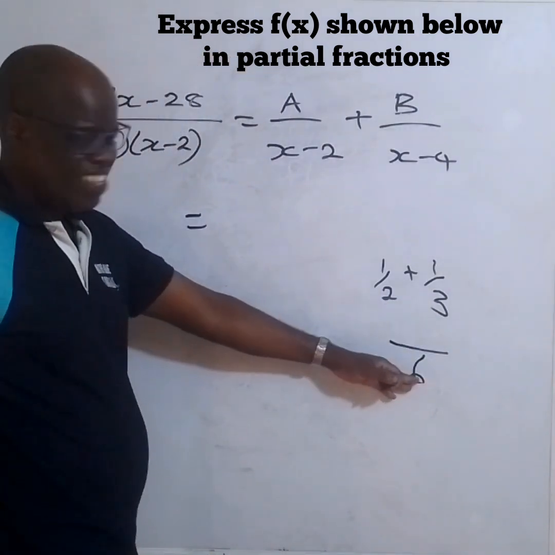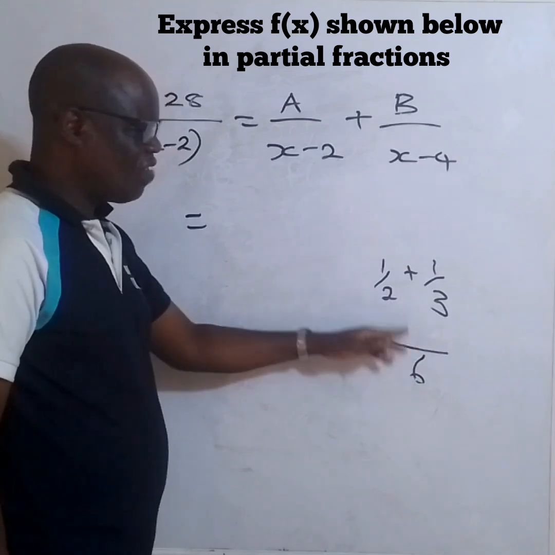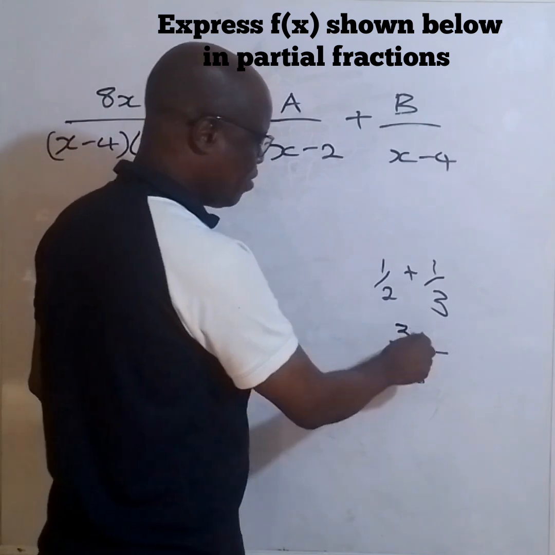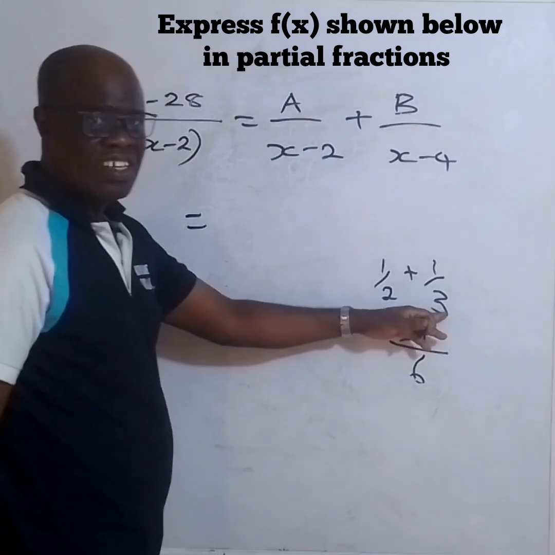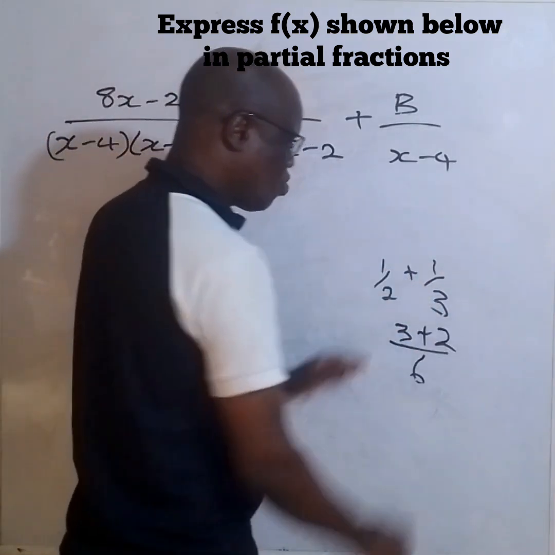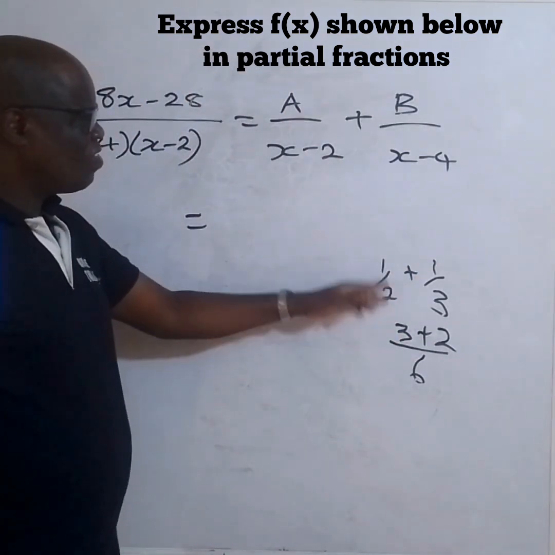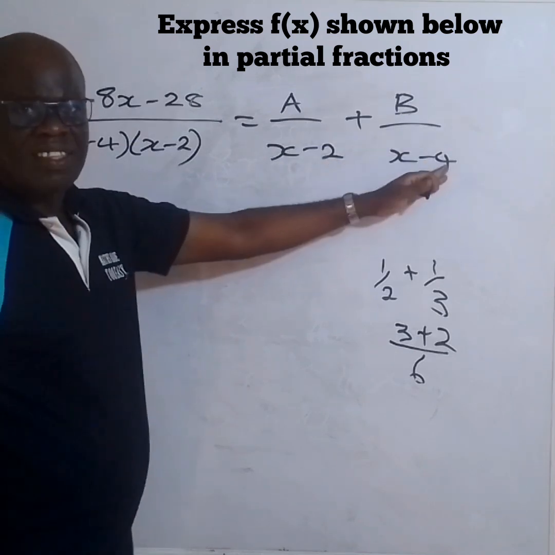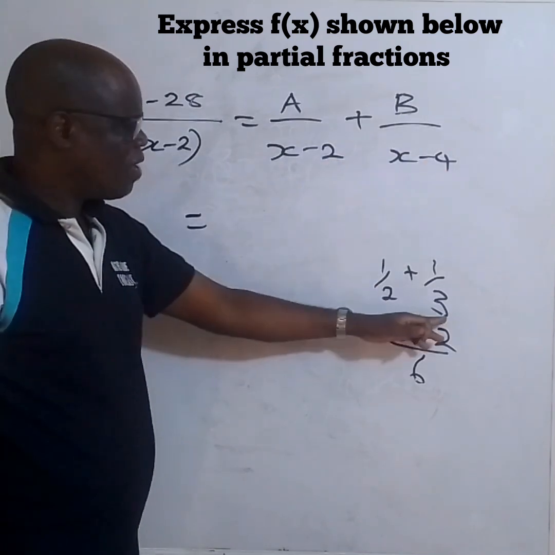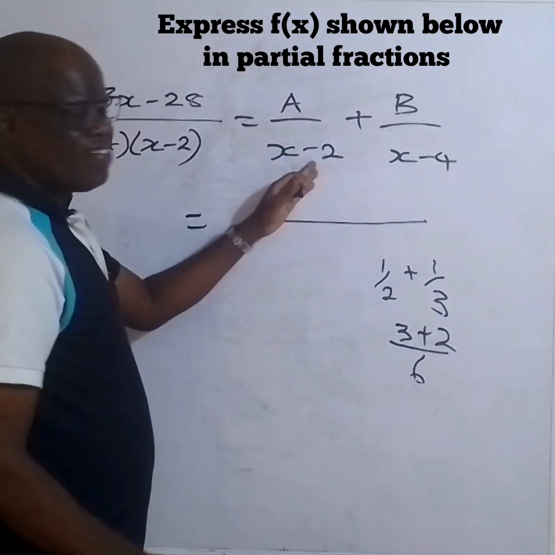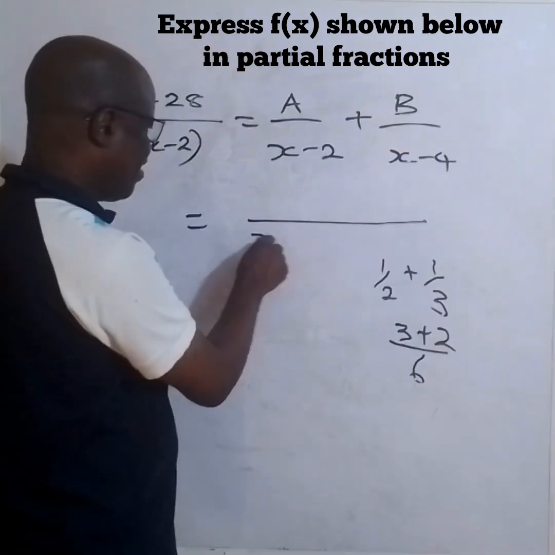Now say 6 divided by 2, that is 3, times 1, 3, plus 6 divided by 3, 2, 2 times 1, 2. So this is what we do. So the same thing we will do here. So we find the LCM, which is this one multiplied by this, just like we have 2 multiplied by 3 is 6. So in the same way we have here this multiplied by this as our LCM.